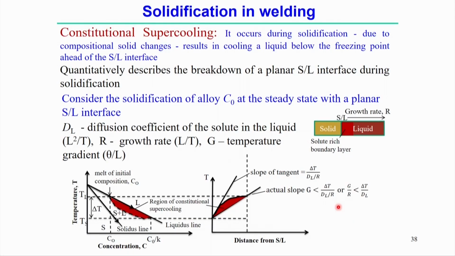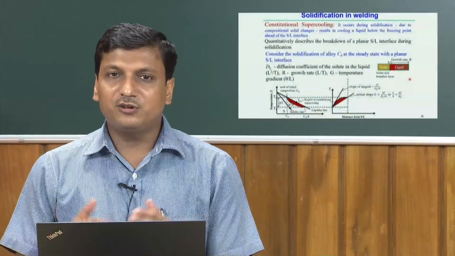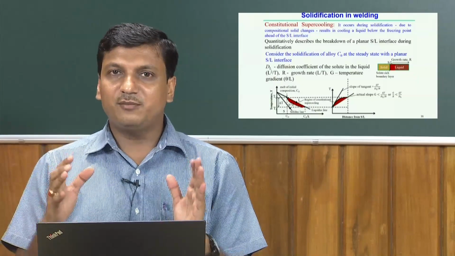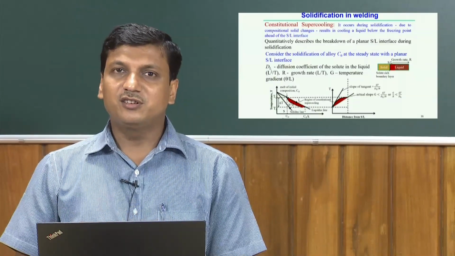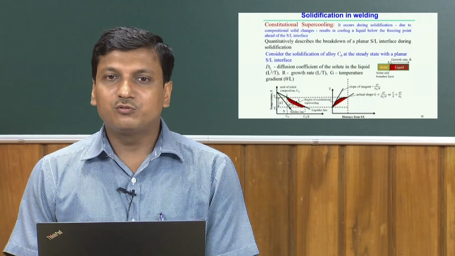Graphically we can see this slope is less than the estimated slope here. So, to have constitutional supercooling, graphically we can say that the condition G by R less than delta T by DL is satisfied. That is the mathematical condition during the solidification, probably having in this case the constitutional supercooling.